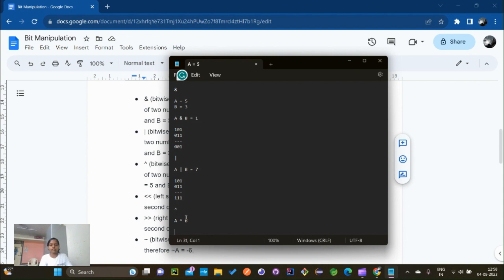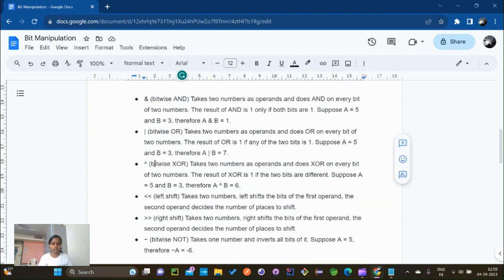So for example, if it's 1 0, then the output will be 1. If it is 0 0, output is 0. If it is 1 1, output is 0. So here, finding the XOR for the same example: both are different so 1, both are different so 1, both are same so 0. So what is the answer? It's 6. So here you can see A XOR B is 6.